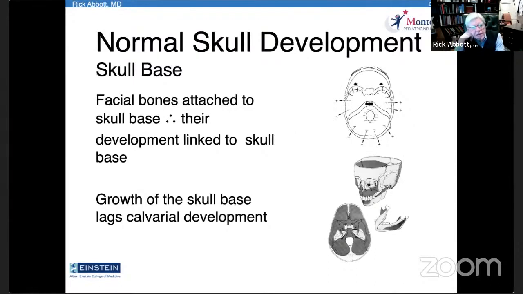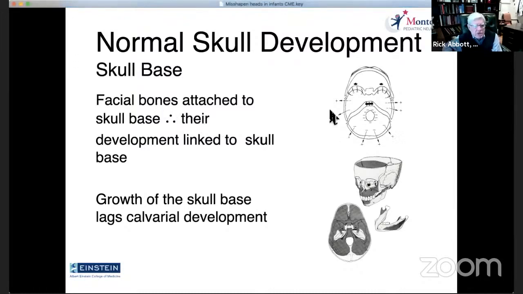With regards to the face, facial bones are attached to the base of the skull. The base of the skull does not have the displacement to the extent that you see in the calvarium, and for that reason, it grows more slowly. It does not have the tensile forces applied to it that one sees on the calvarium.